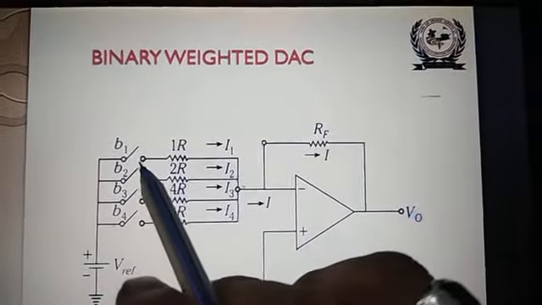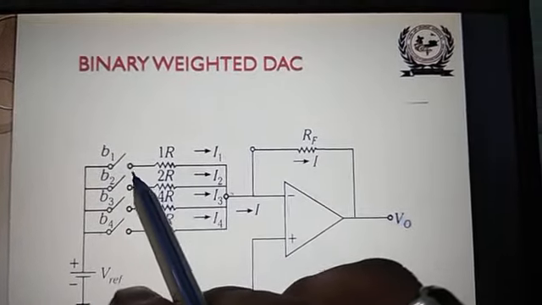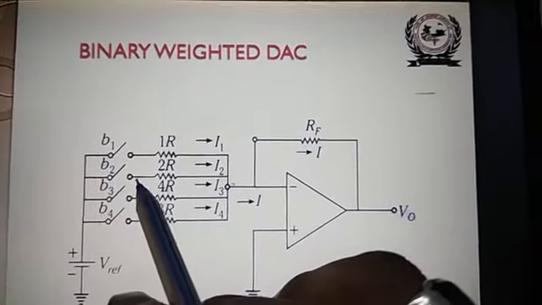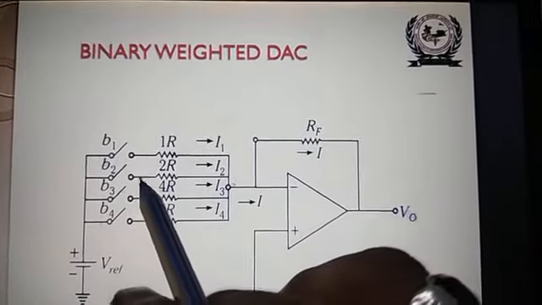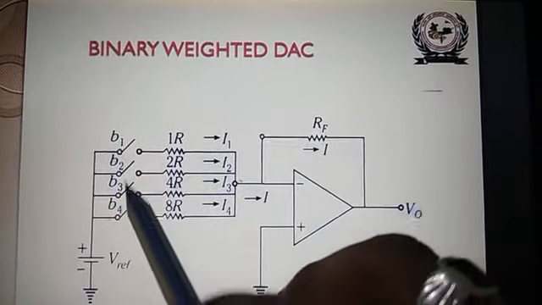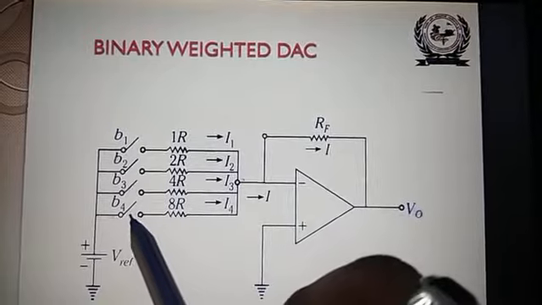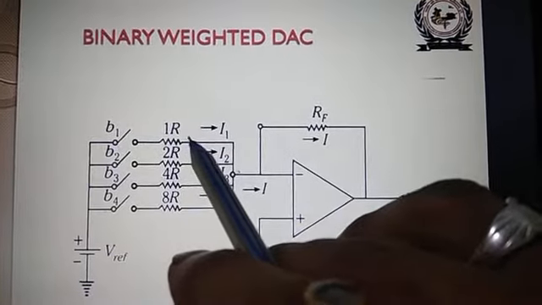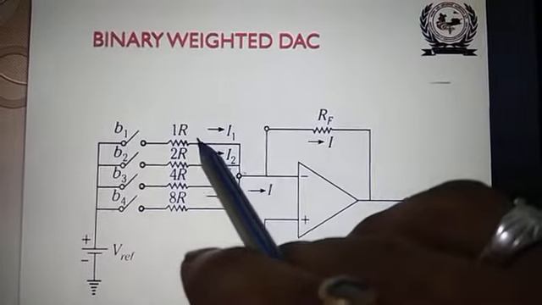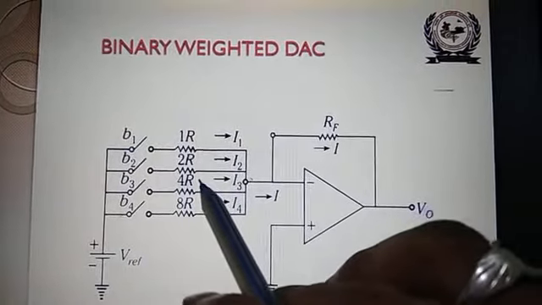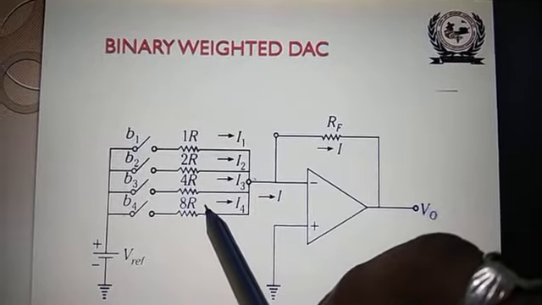If a switch is closed, input will be 1, and if the switch is open, input will be 0. So you can apply the input in binary form, that is digital form. This is 1R, that is the value of R. This is 2R, this is 4R, this is 8R.